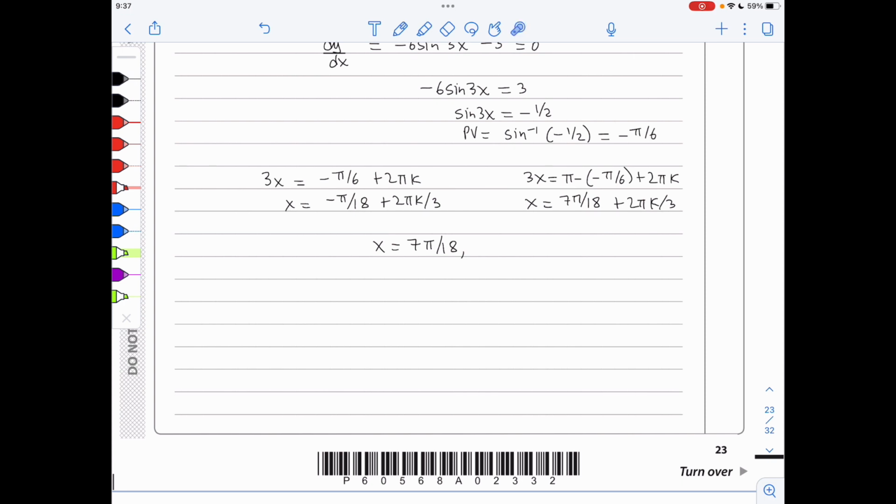If I set k to be 1 here, I get 11 pi over 18. And if I set k to be 1 here, I get 19 pi over 18. We did explain that we are looking for the first and the third positive solutions, and therefore we conclude that beta is 7 pi over 18 and lambda is 19 pi over 18.